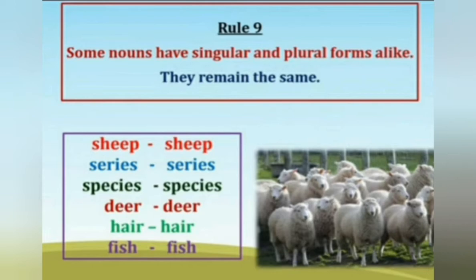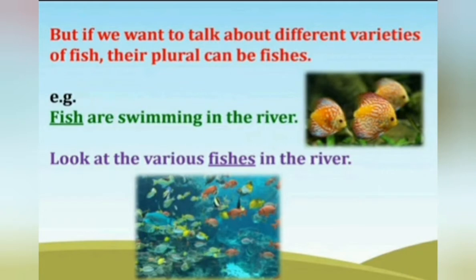Series, series. Species, species. Deer, deer. Hare, hare. Fish, fish. All these nouns are the same in singular and plural forms. We write the same in both singular and plural forms.